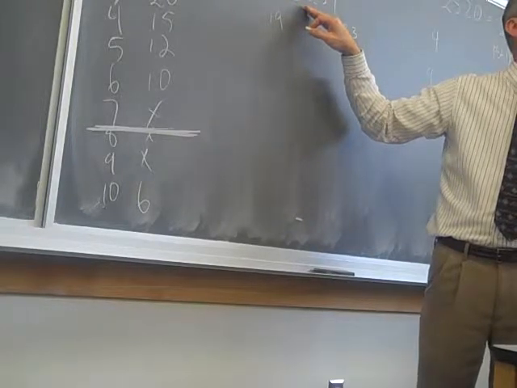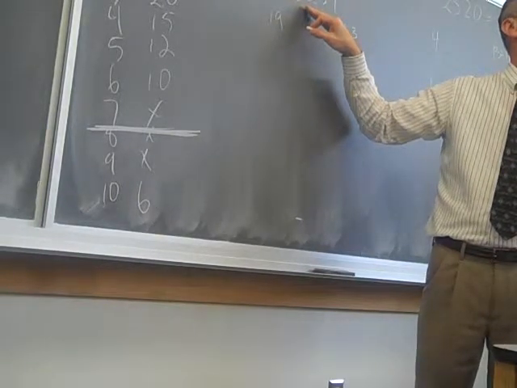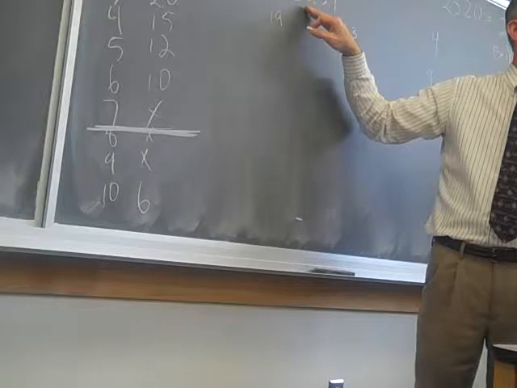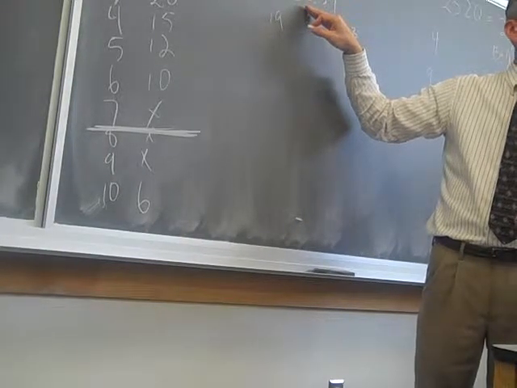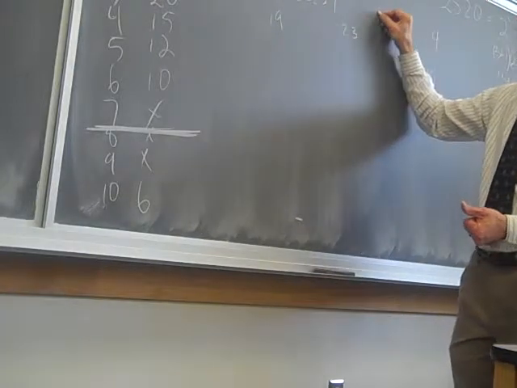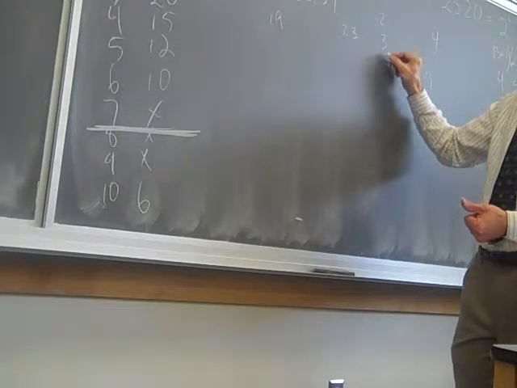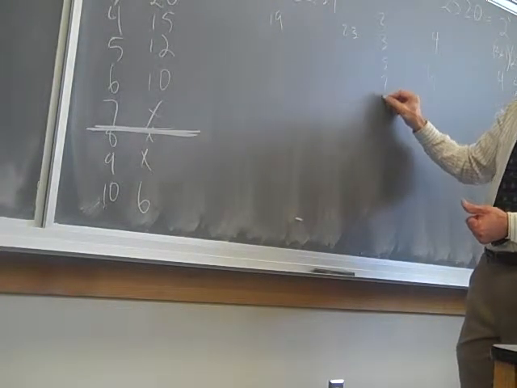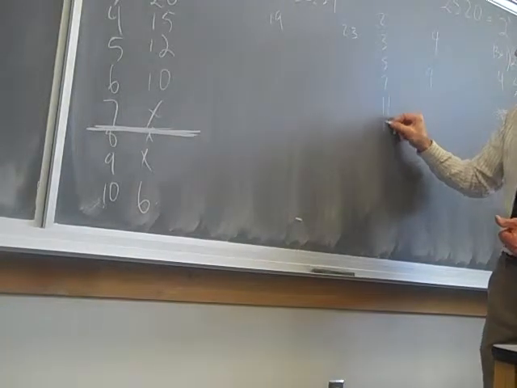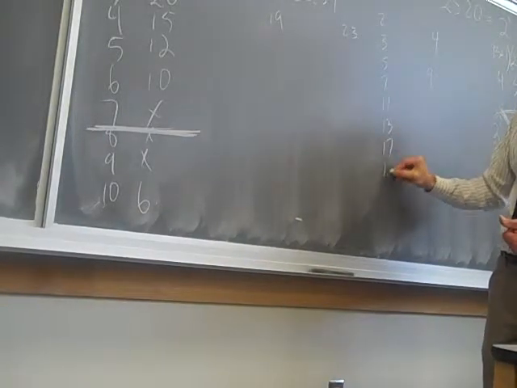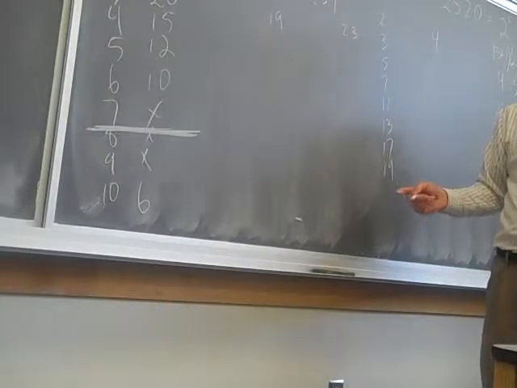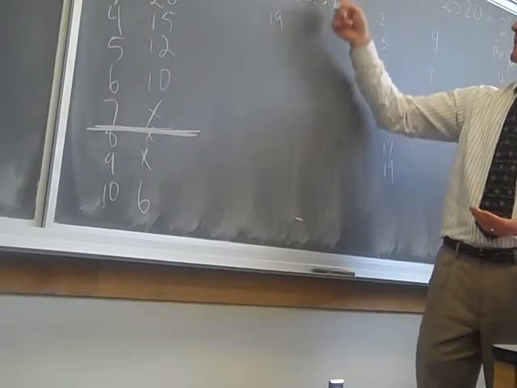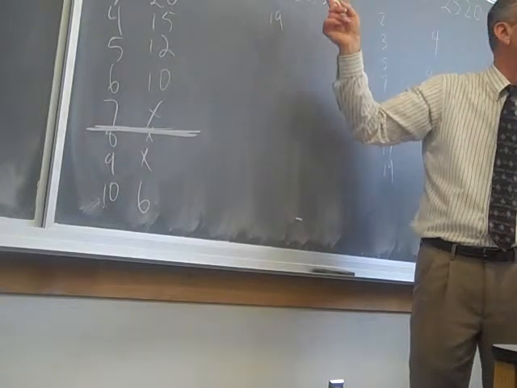So all I've got to do is check all of the prime numbers that are less than this. So I'm going to check what numbers? 2, 3, 5, 7, 11, 13, 17, 19, and it's less than that, so I don't need to worry about 23.